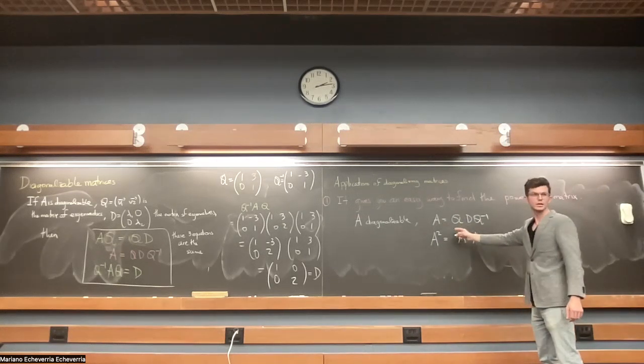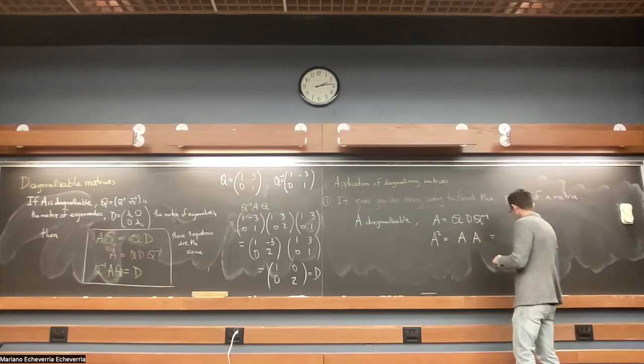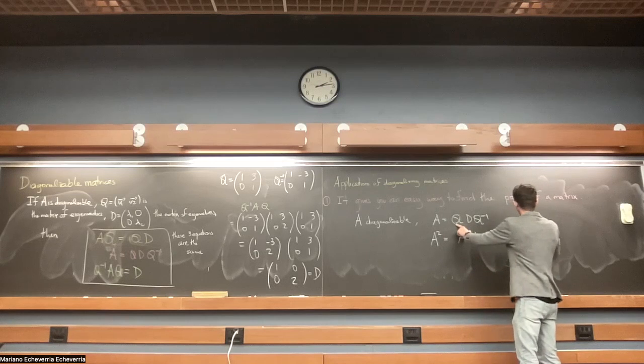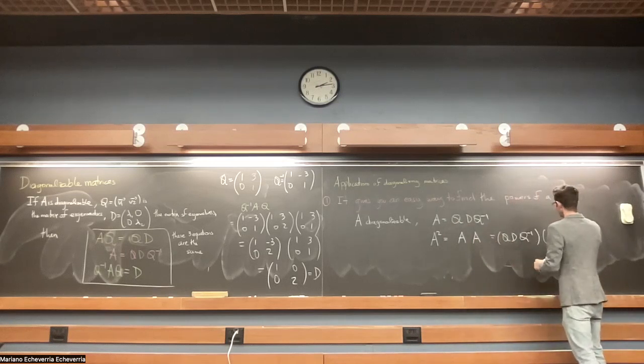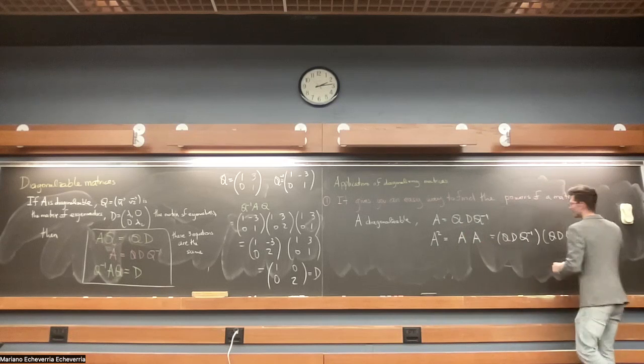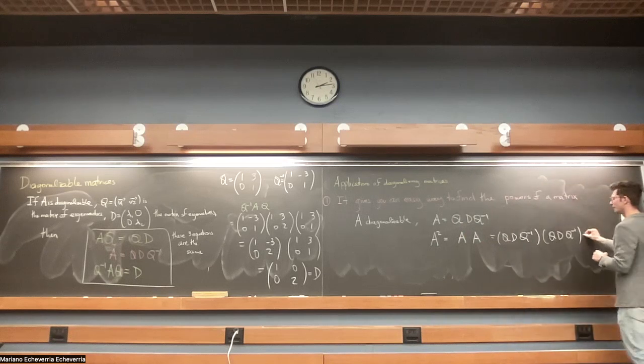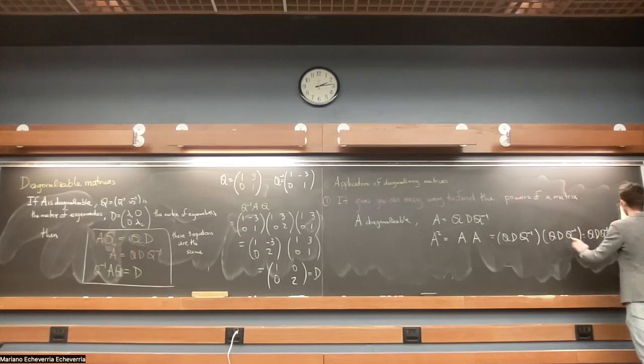But if you know that this is diagonalizable, what does this become? What is A? Well, it's Q D Q inverse. And what is the other A? It's Q D Q inverse. So what do we get? Q D Q inverse, Q D Q inverse. Is that making sense?